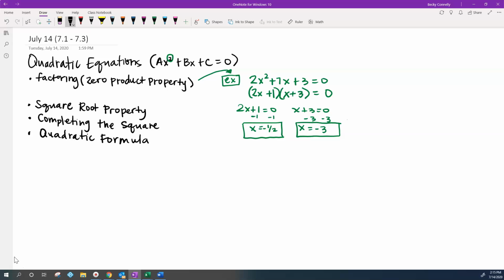And another way that we're not going to talk about today, but it's going to come up later in the unit, in our module, is that you can also solve quadratics by graphing the parabola. Any quadratic is going to have this same shape, and we call that shape a parabola.